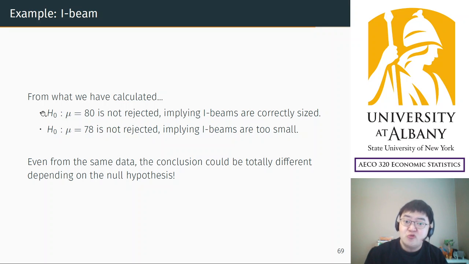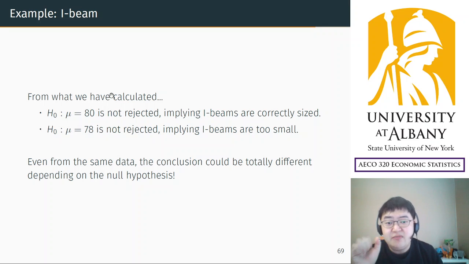So the two results are contradicting each other. That shows the intrinsic potential problem or nature of hypothesis testing. Even if you use the same data, the conclusion could be totally different depending on which null hypothesis you use. So choosing the null hypothesis is also very important, as we see here. And usually the basic principle is to be more conservative.